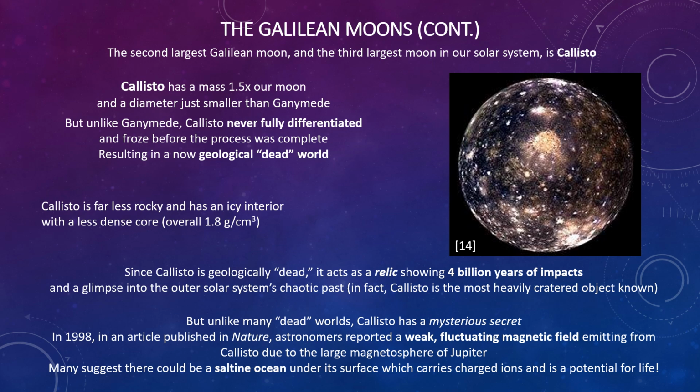But unlike many dead worlds, Callisto has a fun little secret. It was discovered in the late 90s that Callisto has a weak fluctuating magnetic field due to the large magnetosphere of Jupiter. And so this suggests that there could be a salty ocean underneath the surface of Callisto that carries charged ions, and that means that there could be a little bit of potential for life.